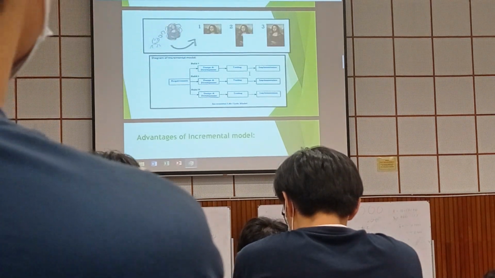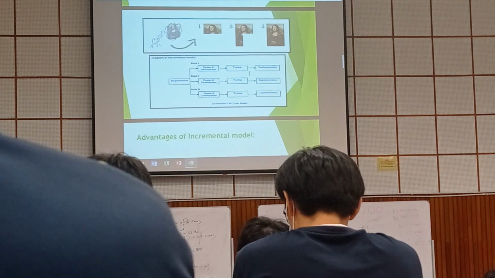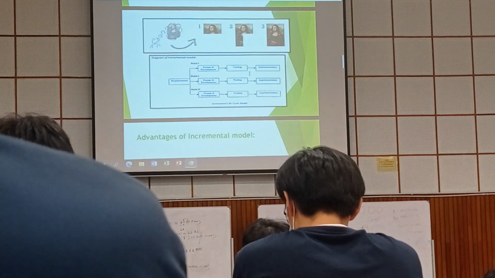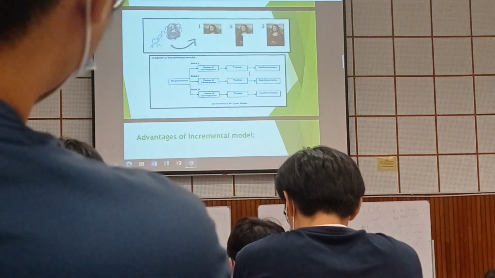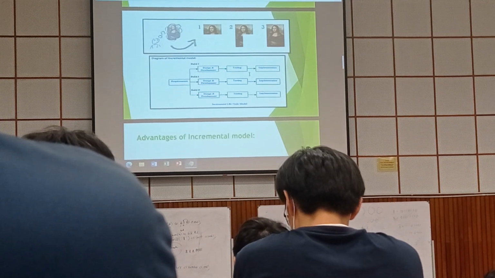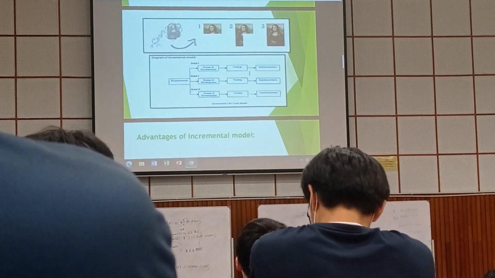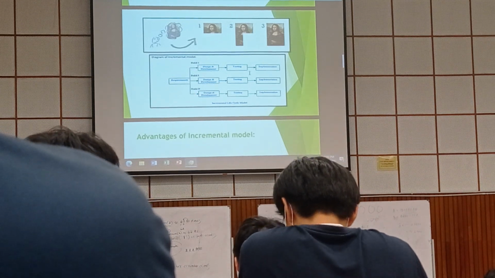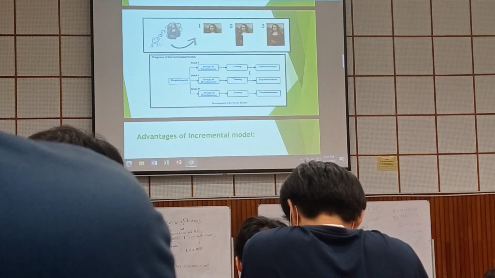This is only one module. In your assignment, I don't know how many modules you have. So in one module, every time you add a new function, these are the stages that you have to go through. Got it, class?